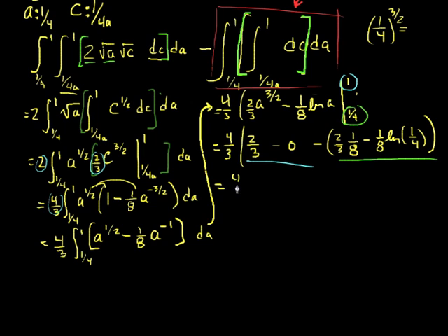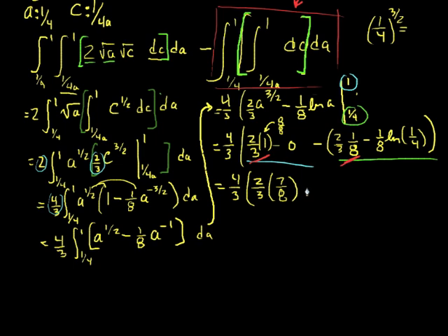That is all evaluation of the expression at 1/4. We're almost there, 4/3 times. We have 2/3 of 1, and we're subtracting 2/3 times 1/8. You can think of this 1 as 8/8, and we're subtracting off 2/3 of 1/8. So we're left with 2/3 times 7/8.